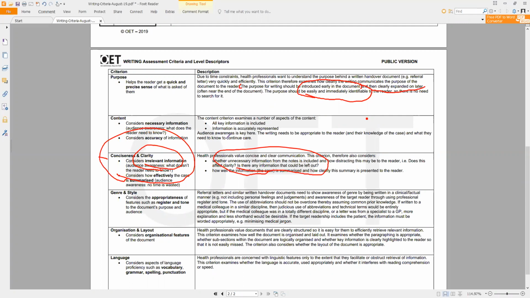And then what is necessary? What do you need as a reader? If you don't need a history, if you don't need to include all of that stuff, don't include it, or put it farther down.